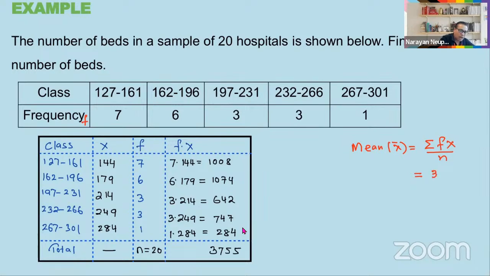So 3755 divided by 20, and if you do that, you get 187.75. So the average over here is 187.75.